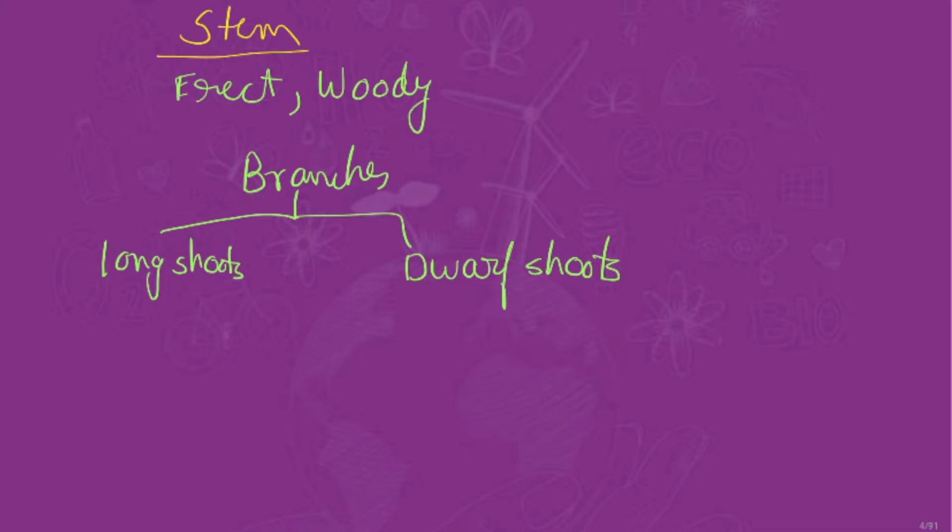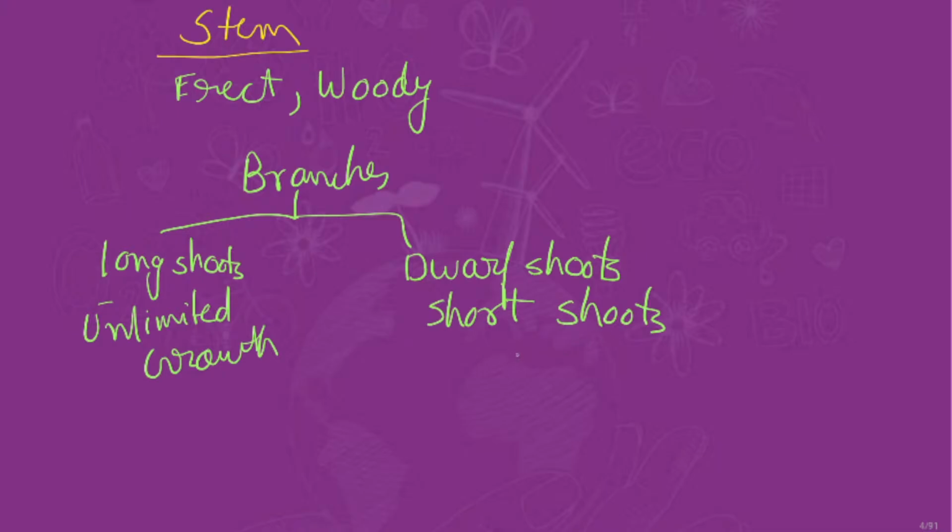The long shoots, or branches of unlimited growth, bear an apical bud enclosed in bud scales. The dwarf shoots, or branches of limited growth, are also called short shoots. Long shoots have unlimited growth.